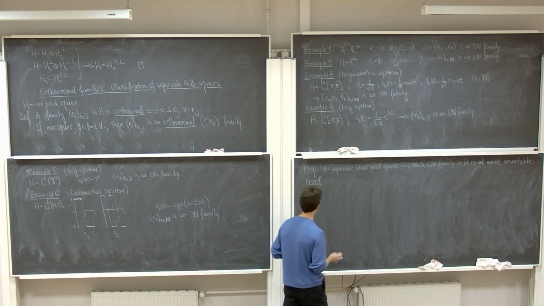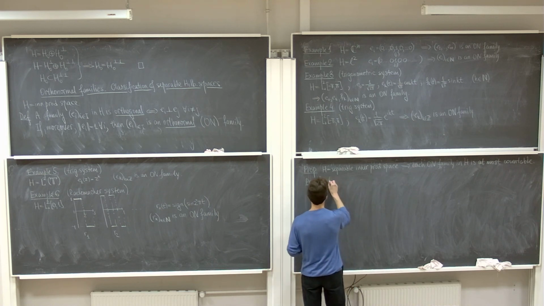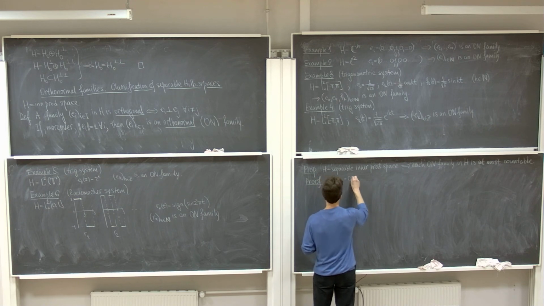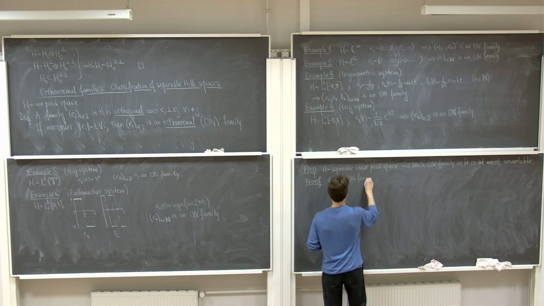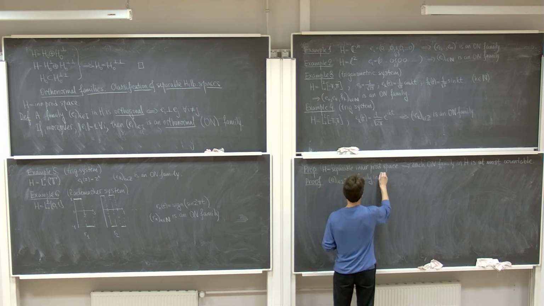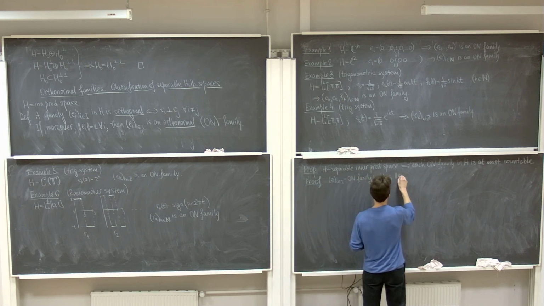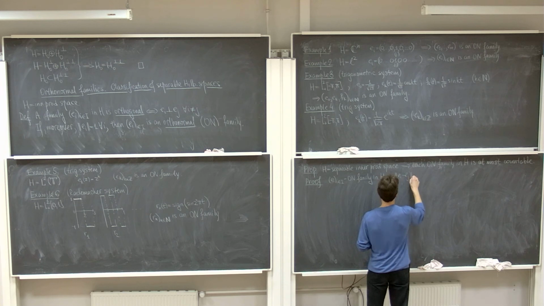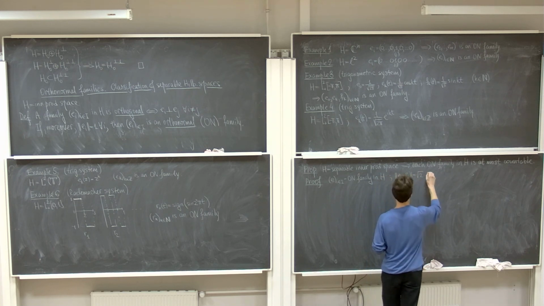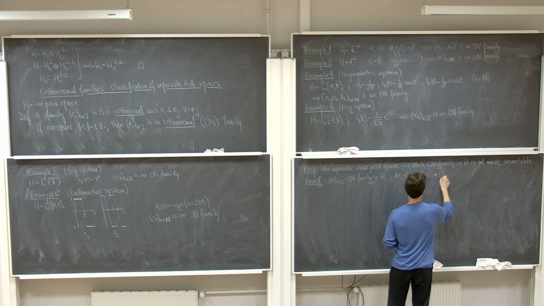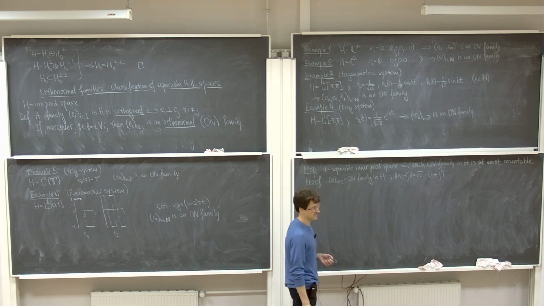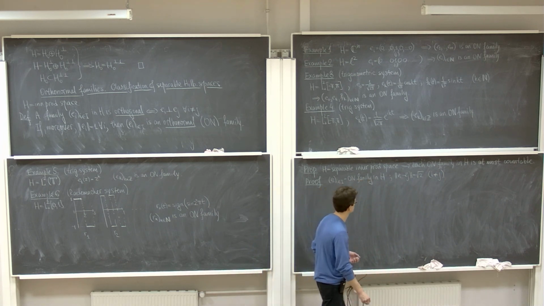So formally we do the following. We suppose that Ei is an orthonormal family in H. And we observe that the distance between Ei and Ej is precisely the square root of 2 by the Pythagorean theorem.